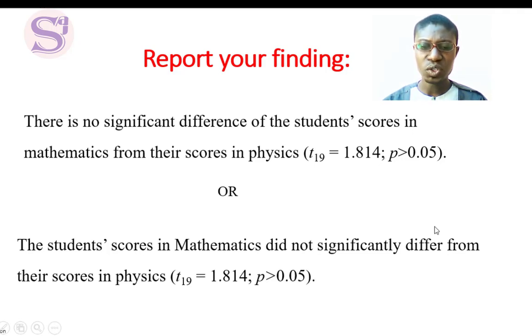Now look at one thing here. We said did not significantly differ. Does that mean that there's no difference in the scores? There are differences in the scores actually, because we can see where a student scored 50 in mathematics and 48 in physics. These are slight differences, but in statistics we are trying to look at whether that difference occurred by chance or not by chance.